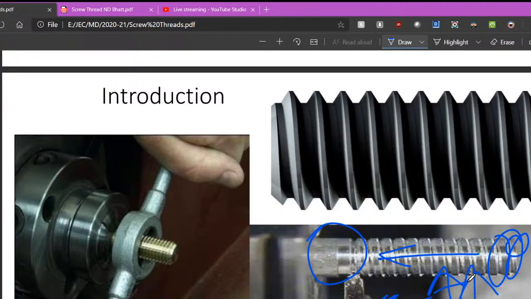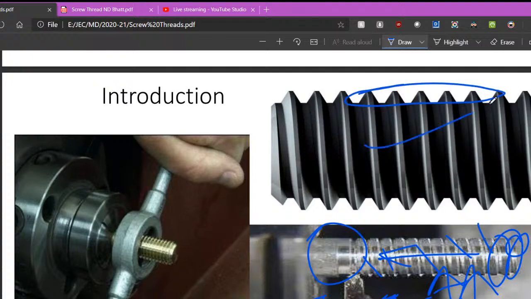Due to the cutting action, a groove starts forming, and when we move the tool in the axial direction of the cylindrical bar, we get this type of groove. This type of groove is called a helical groove, and we get this form.